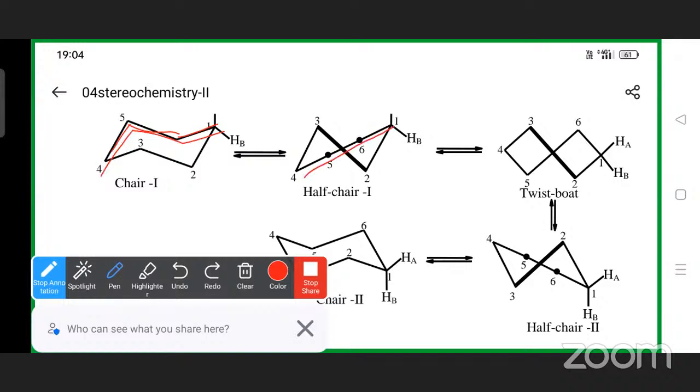And this will be C3 and C2, so it is above the plane.